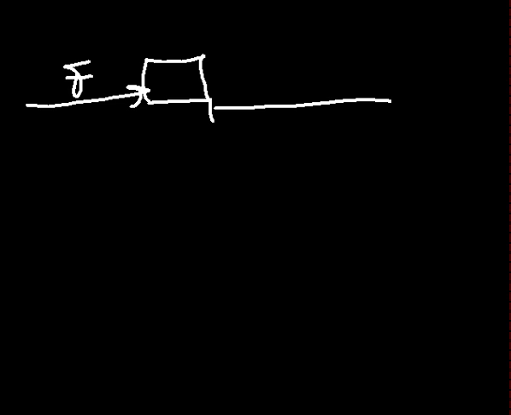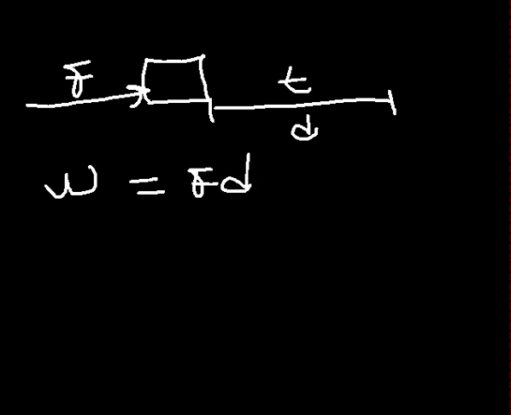Let's say we have an object being subjected to a force F, and assume the object has been displaced through some distance d, within a time t. According to the principles, since the force has caused the object to be displaced, work has been done, given as force times distance, and work is given in joules, as you already know.